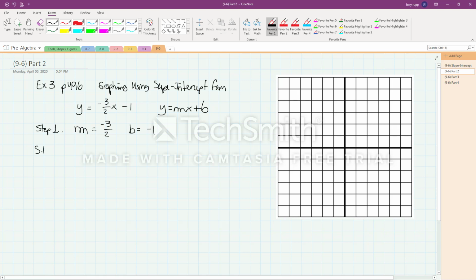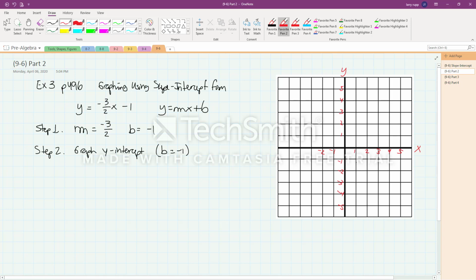Now what we need to do is, this was step 1. Step 2, we need to graph the y-intercept. Okay? Graph the y-intercept. In this case, b is equal to negative 1. So we go over here to our handy-dandy coordinate system. This is the y-axis. This is the x-axis.